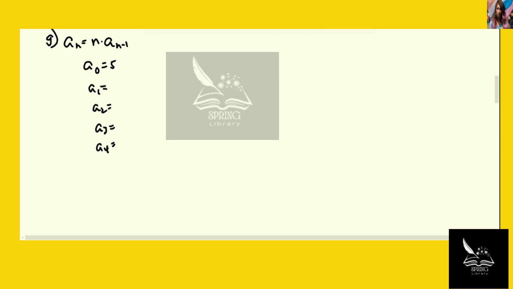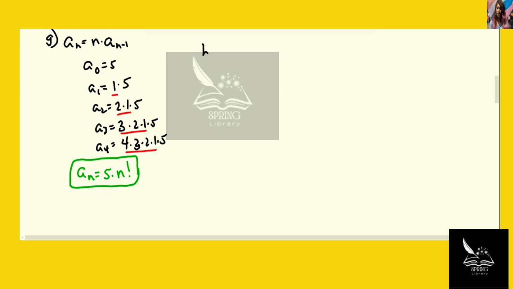A sub 1 is n, in this case 1, times my prior term. A sub 2 is n times my prior term. 3 times my prior term. 4 times my prior term. Well, this right here looks a whole lot like a factorial. The only difference is I'm multiplying it by 5. So a sub n is going to be 5 times n factorial.